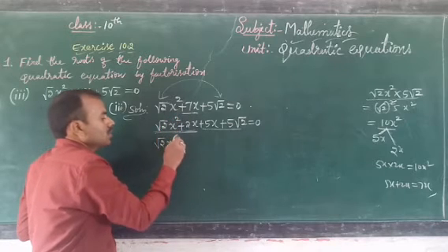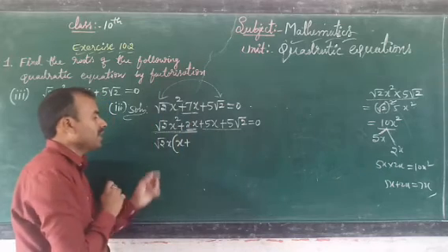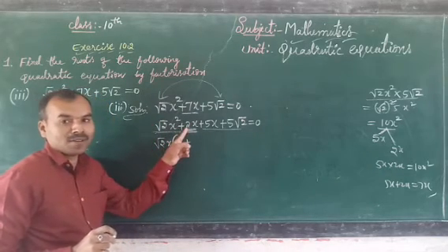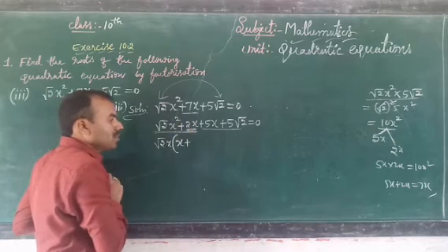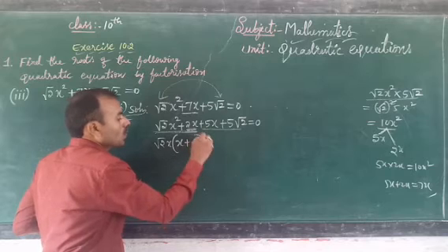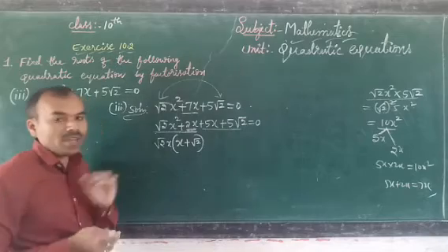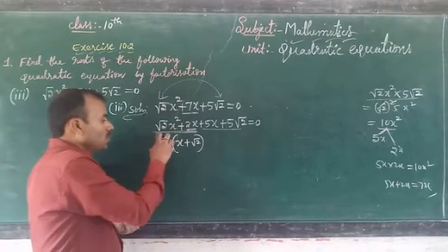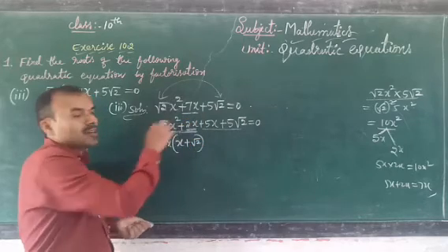Just observe here, root 2 is common and x is common. Remaining term in the first term is x. And in this I take root 2 as common. Next, here remaining term is what? Root 2. Remember, x is common. I write root 2. Why? Because if you multiply these two, we have to get the same term.